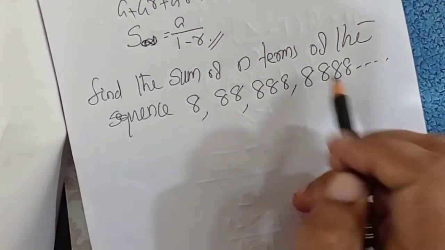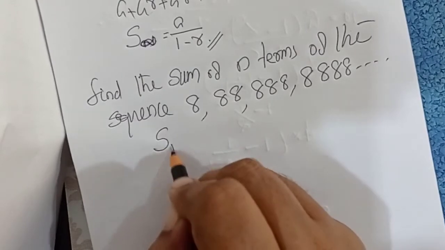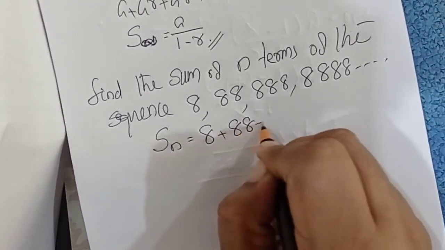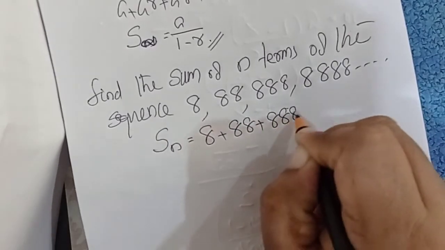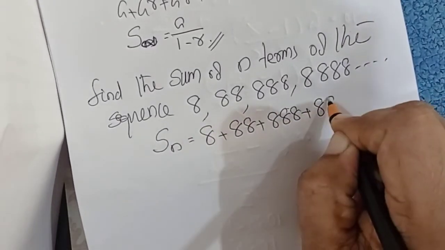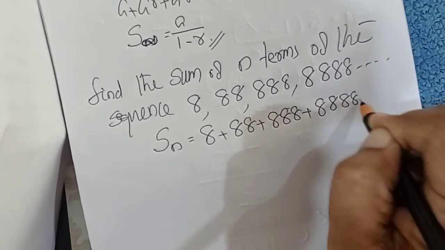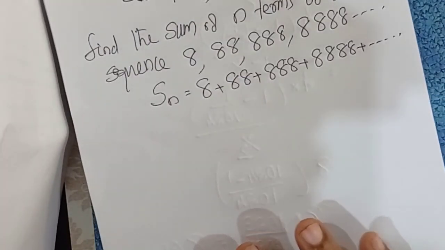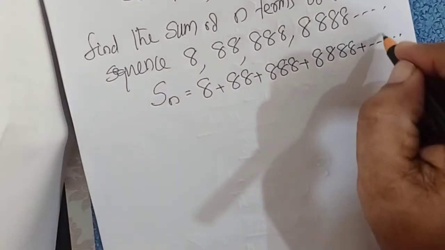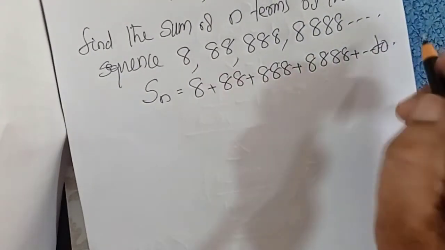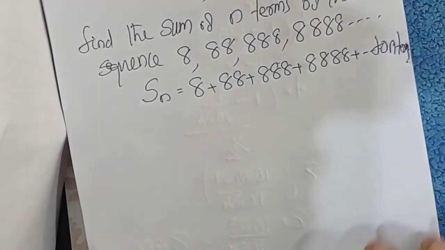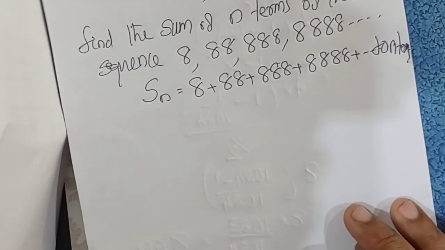Here the sequence is given. Sn is equal to 8 plus 88 plus 888 plus 8888 plus etc. Sum to n terms. Then the last sentence you have to write: to n terms. That is important.